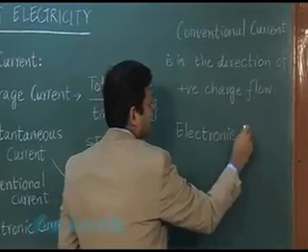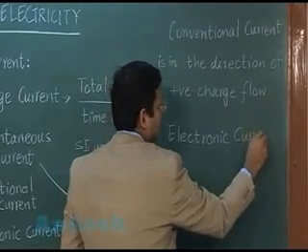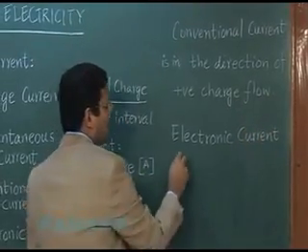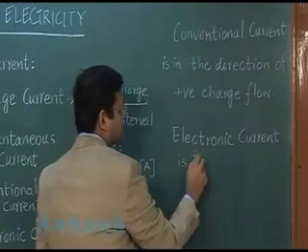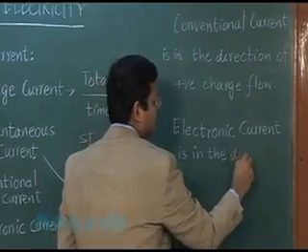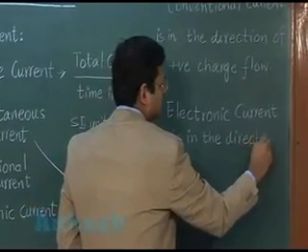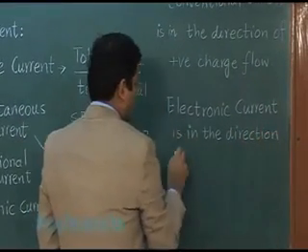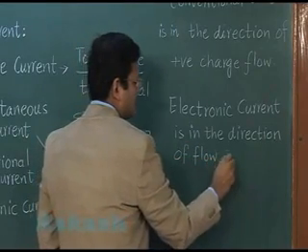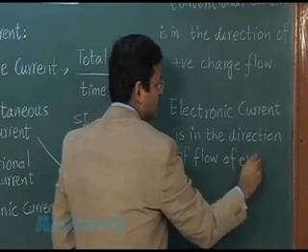But electronic current, as the name suggests, is due to flow of electrons, is in the direction of flow of electrons.